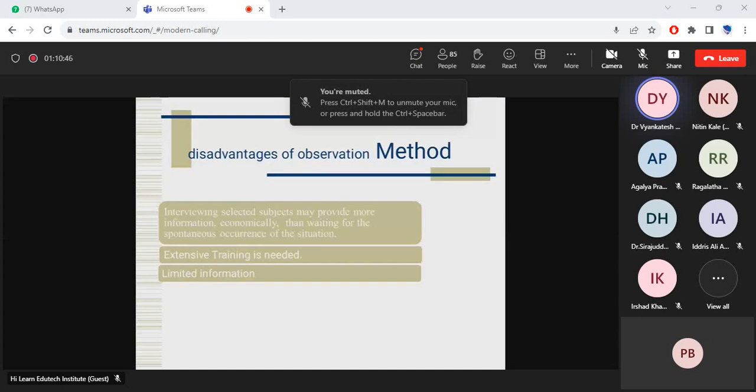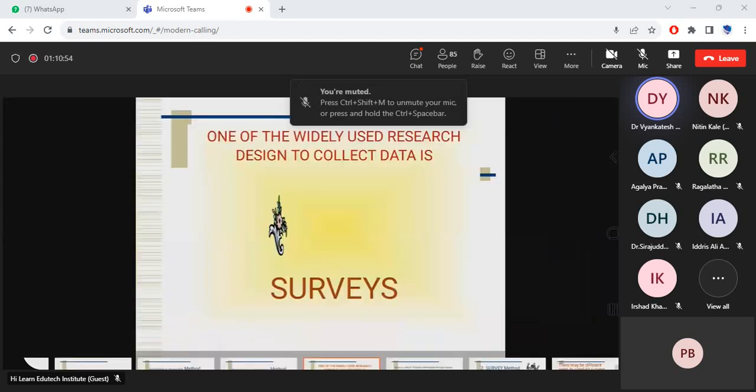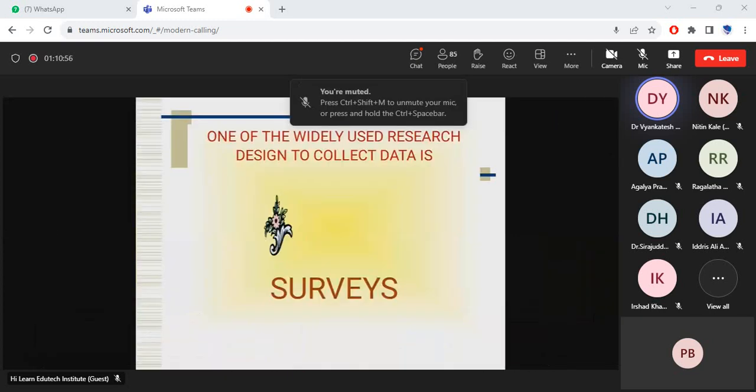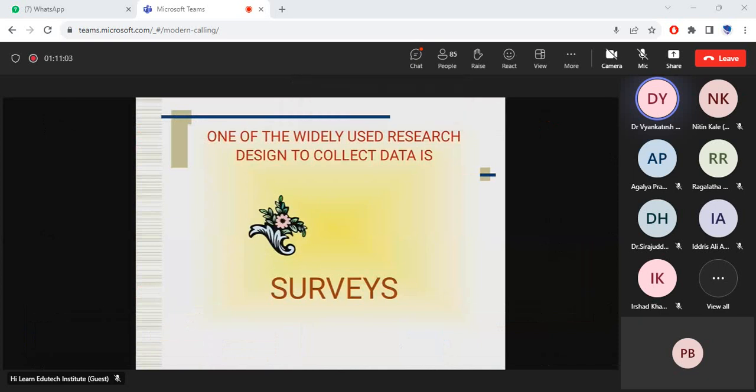So next, one of the widely used research methods designed to collect data is nothing but a survey. Generally when we are dealing with research, one of the widely used methods to design and collect the data is a survey. So designing is more important in a survey. How do we collect primary information through a survey?